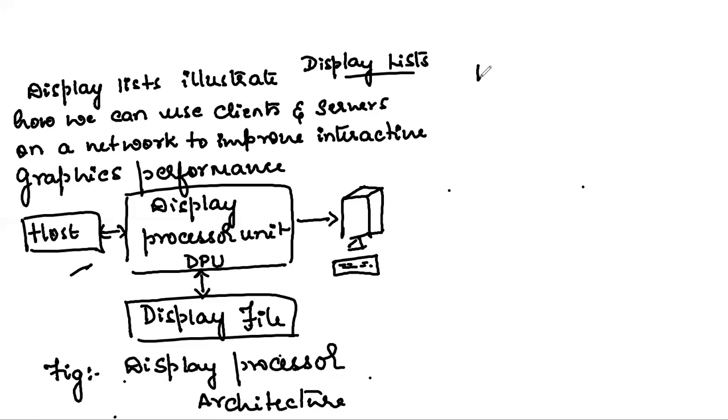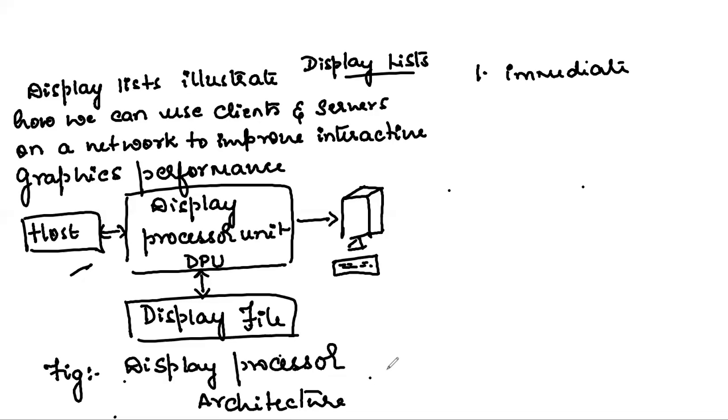The first method is called the immediate method, which is the fundamental mode of operation. As soon as the program executes the statements that define the primitives, that primitive is sent to the server for processing and display, and nothing is retained in memory.